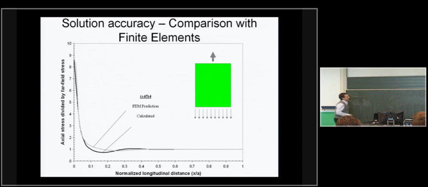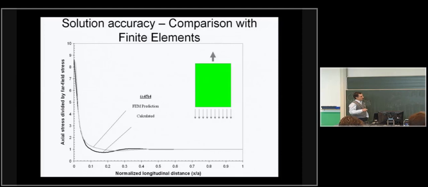If you look at the results, the ones calculated with our methods with infinite series are very close to the finite element, with small differences in this region here. And one thing we already observe is that we get to that far field value of 1 at about half the distance away from the point of action.